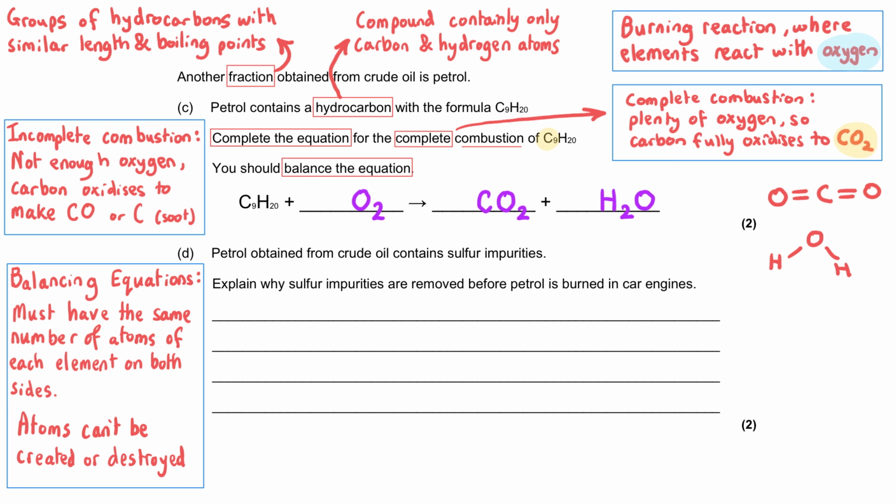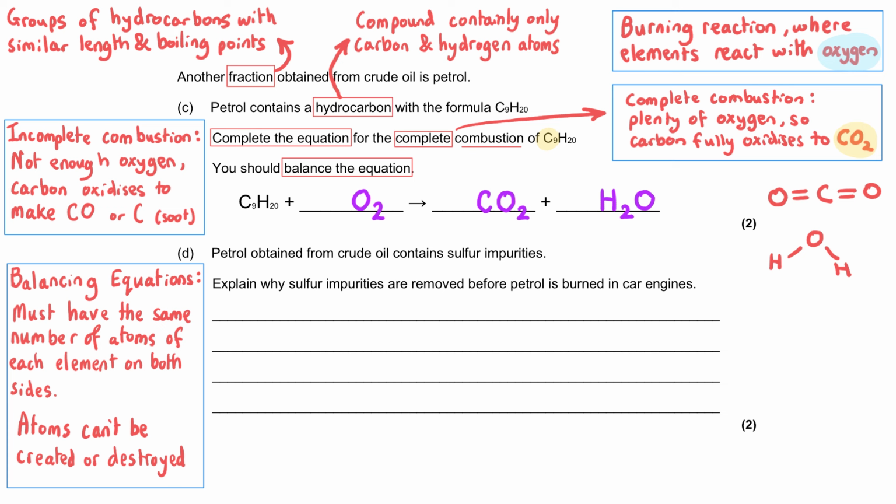And so my advice when you're balancing combustion equations is to leave the oxygen until last, because oxygen is in both of the products and one of the reactants, whereas each of the remaining elements is only in 1 molecule on each side of the equation. And that's a good tip generally, not just for combustion. Leave the element that appears the most in a balanced equation until the end.